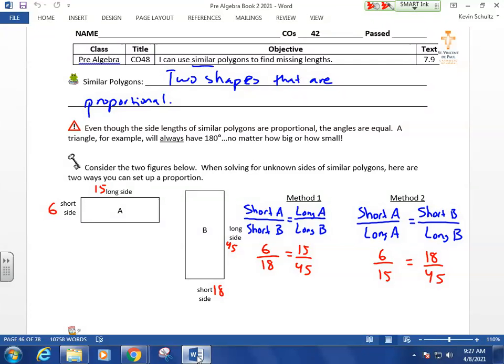Notice that in both instances, the short and the long are either vertically or horizontally located, never diagonal. We don't ever have a short side in the numerator of the first fraction and the short side in the denominator of the second one, right? They're either lined up vertically in the same fraction or horizontally going across.